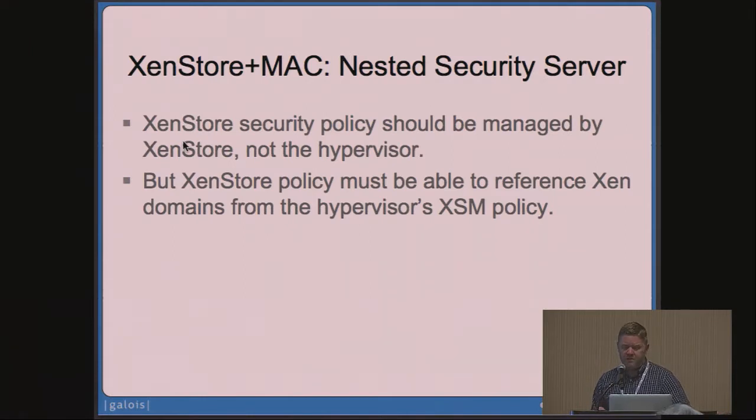The problem there is that when we would reference domains in XenStore, those labels come from the XSM policy. So in a sense, we have some nesting of security servers going on here, where there's an outer XSM policy with an inner XenStore policy. And so we need a way to be able to import security IDs from the parent.